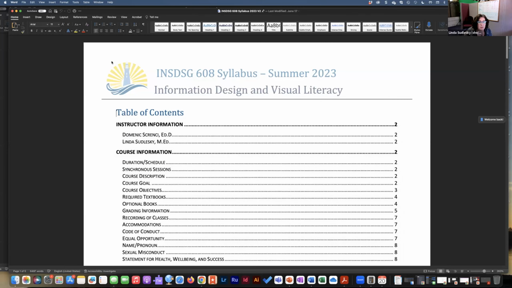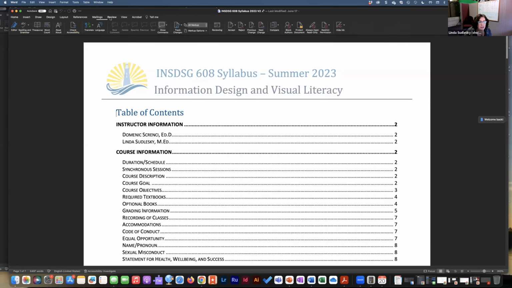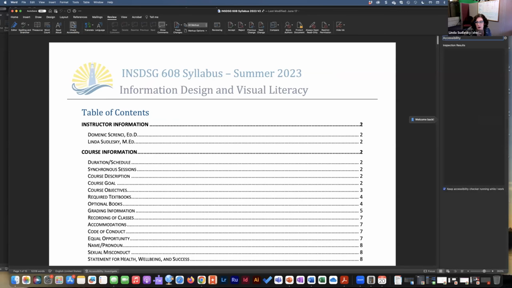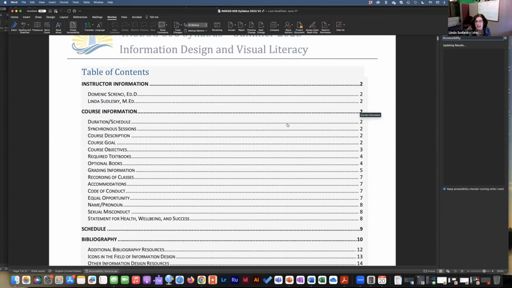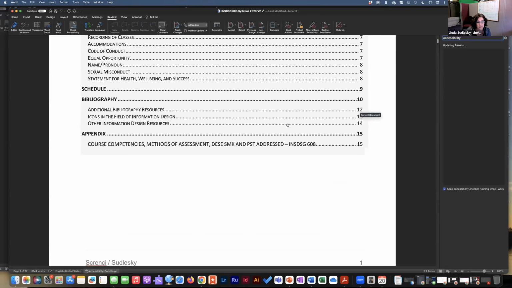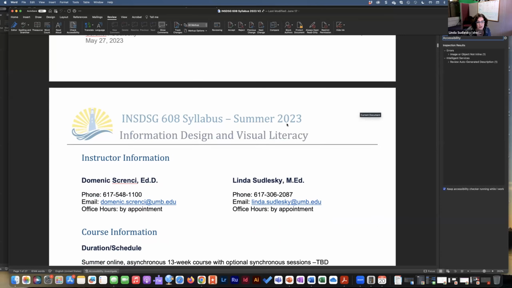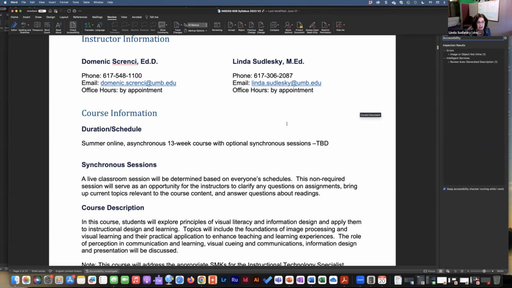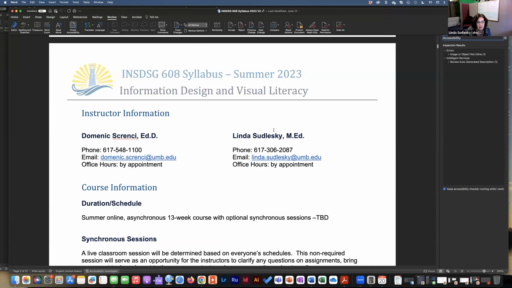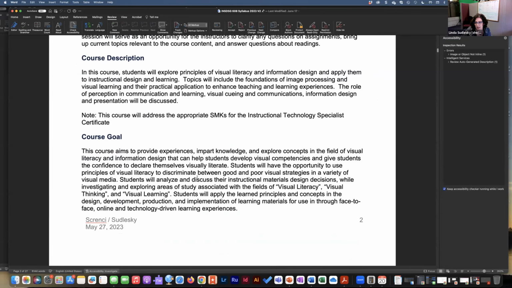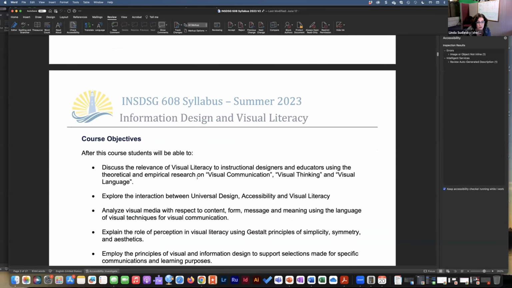So this is the syllabus for my course. And when I run the accessibility checker on that, since I've worked really hard to make this accessible, it's not identifying anything. But the things that it would normally identify are your headers in the document, and if an image was not described, if there's an image in the document and it doesn't have a tag or a description.